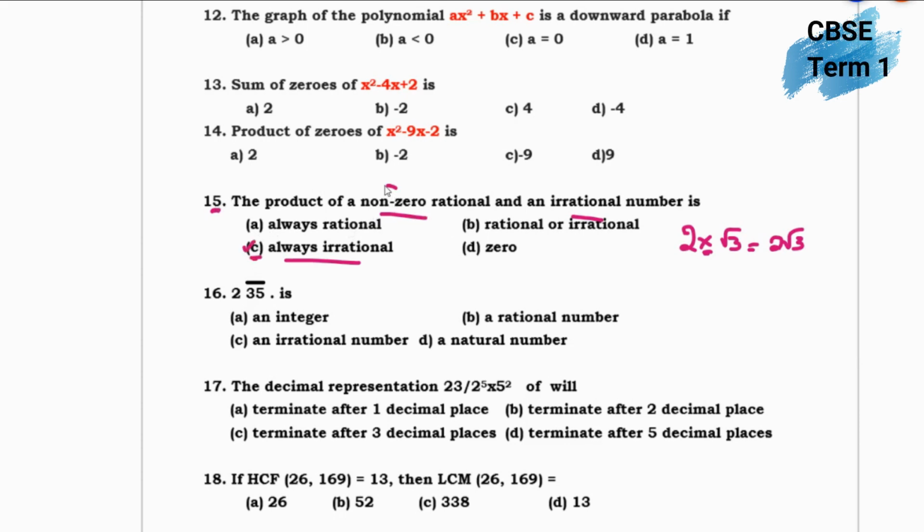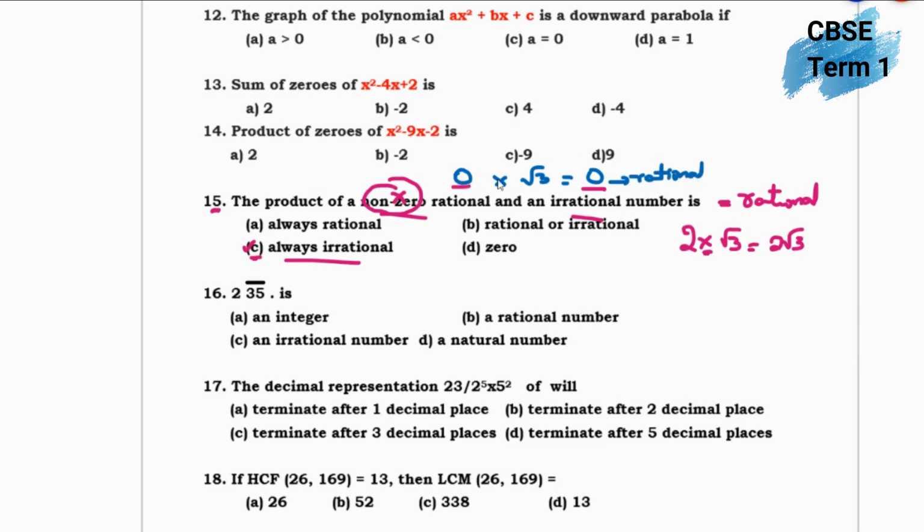For example, if non-zero is not given in the question, the product of rational and irrational, the answer is rational itself. You might be wondering how. If I take a rational number as 0, 0 is a rational number, everybody knows that. Product means multiplication. The irrational number is root 3. 0 into root 3 is 0, where 0 is a rational number.